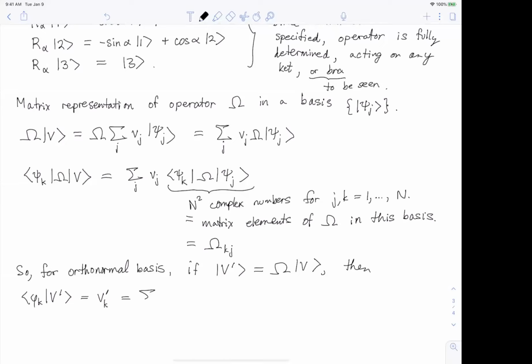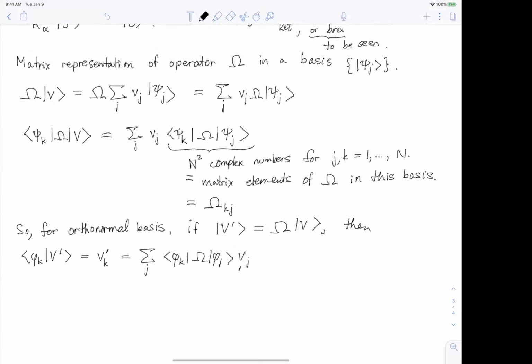They're equal to the sum over j of phi sub k omega phi sub j times the components v sub j. So the v sub k primes are the components of v prime, which was omega times v.